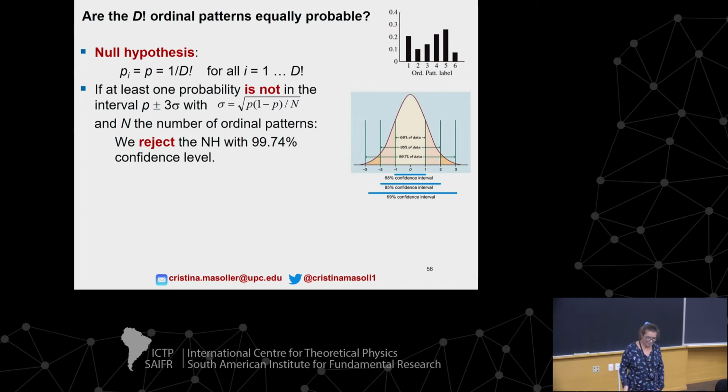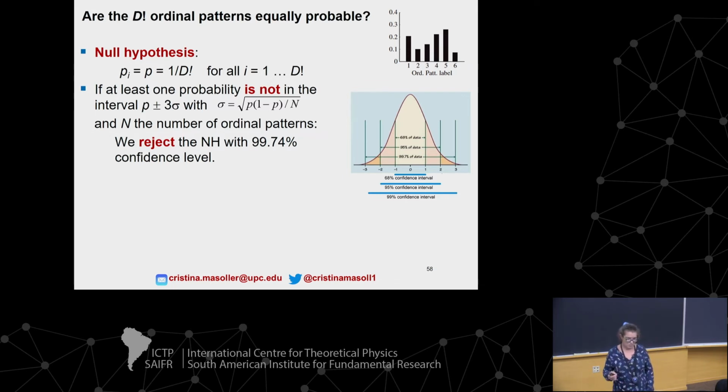So what you do is this type of test: if at least one of the probabilities is outside the interval I can expect for the uniform distribution, if it's enough that one is outside this interval, then I really detect that there is something in the signal and it's not just random, it's not just noise.